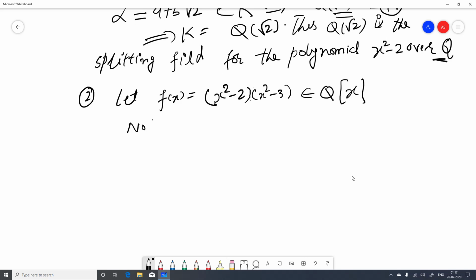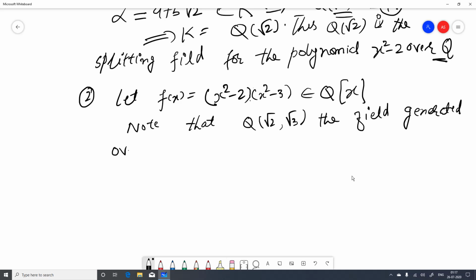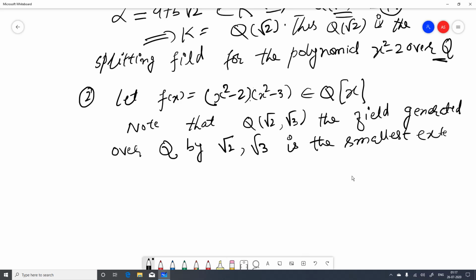Note that this Q square root 2 square root 3, the field generated over Q by square root 2 and square root 3, is the smallest extension of Q containing, now if it contains square root 2, it also contains its negative, and similar is the case with square root 3.